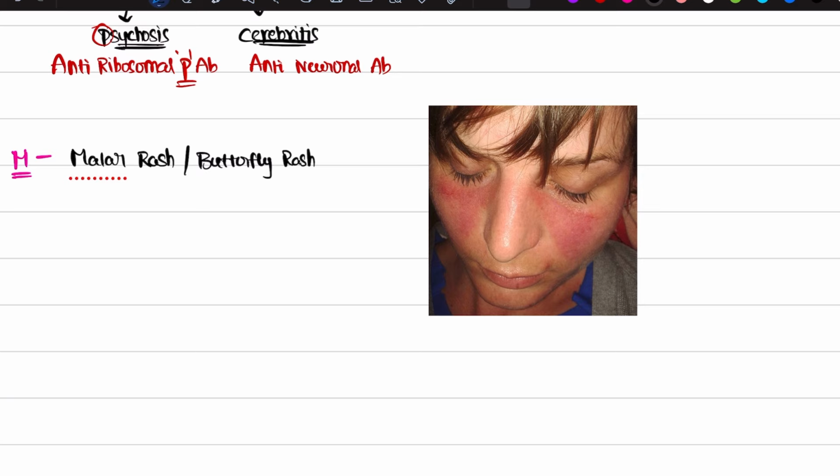So let me write it for you, the same thing I have said now: it was sparing the nasolabial folds. This is a malar rash.